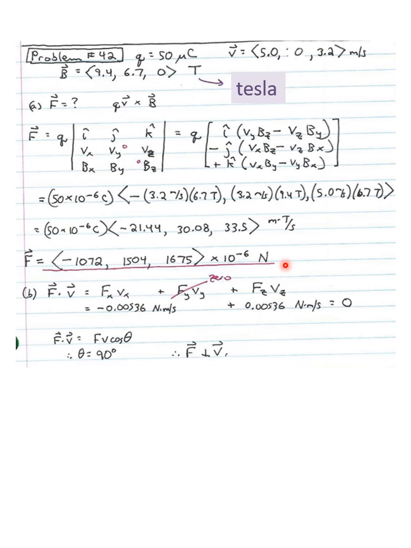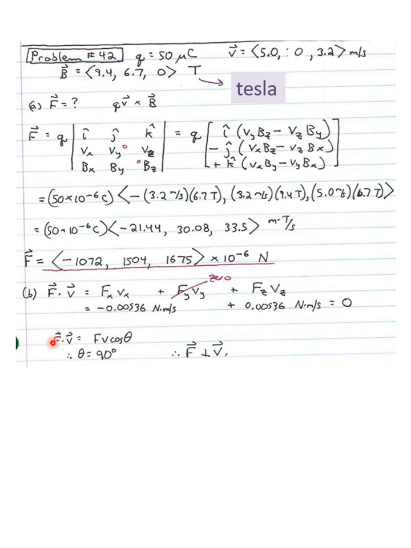So the dot product of two vectors, remember, is going to be their x components multiplied plus their y components multiplied plus their z components multiplied. When you do all that, and here we have Fx times Vx, since Vy is 0, that zeroes out. And as you go through, do the calculations on your own, you should see that they come to 0.